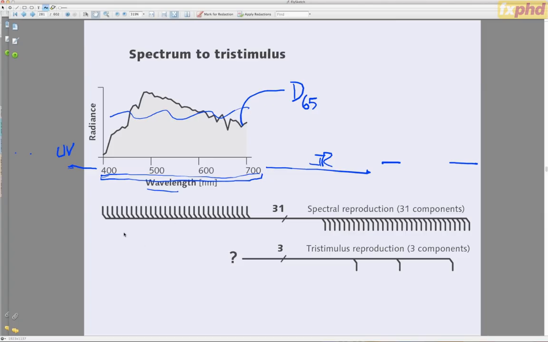Now, the PR650 that I showed you a moment ago can measure power in 10 nanometer intervals. So across the range from 400 to 700, there are 31 bands of energy. You could potentially digitize each one of those 31 channels, convey it to a distant device, and then have 31 tuned dye lasers, and recreate at the far end of the system an approximation of this spectrum of D65.